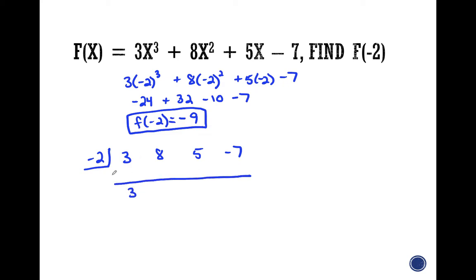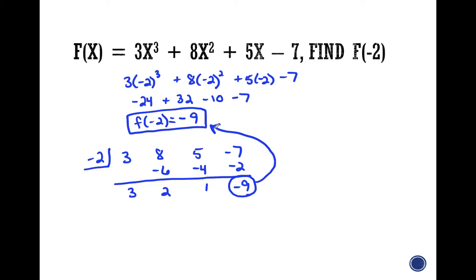I go through my process of synthetic division. I drop the 3, multiply it by a negative 2, add, multiply it by a negative 2, add, multiply it by a negative 2, and add. Well, look at that. The remainder is the exact same value as if I evaluated f of negative 2.